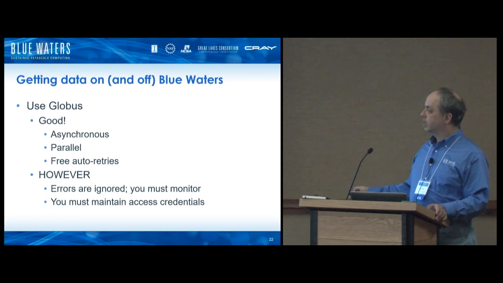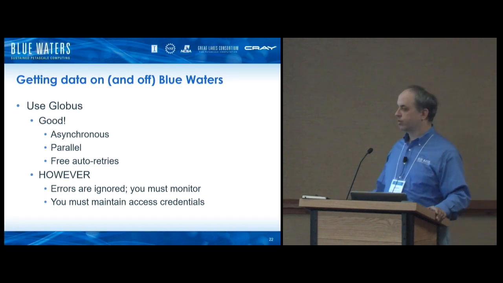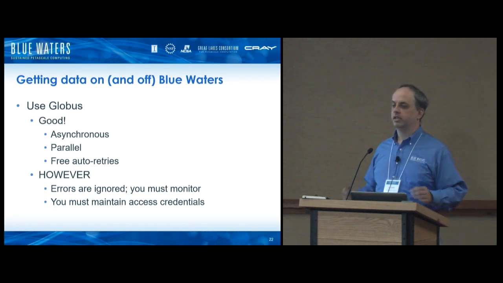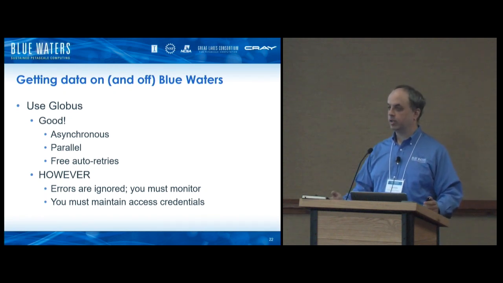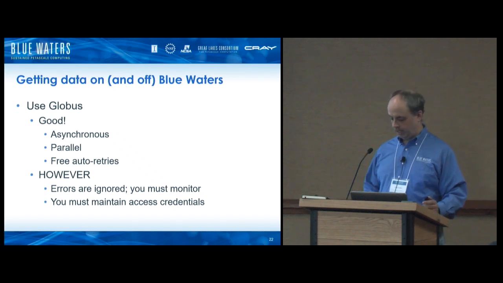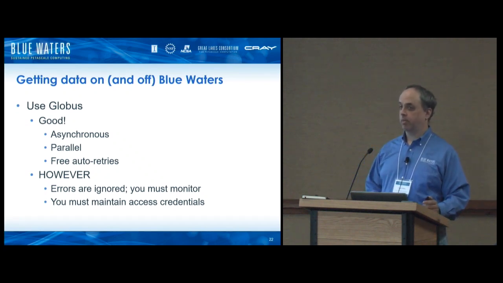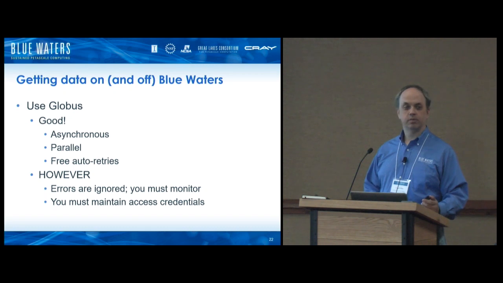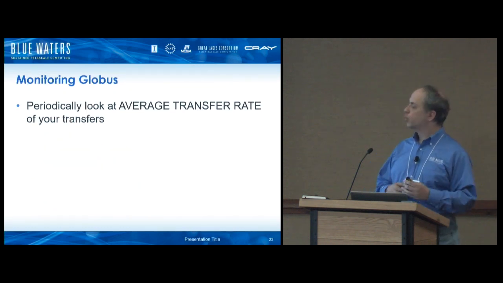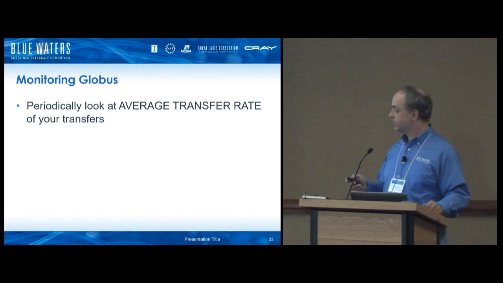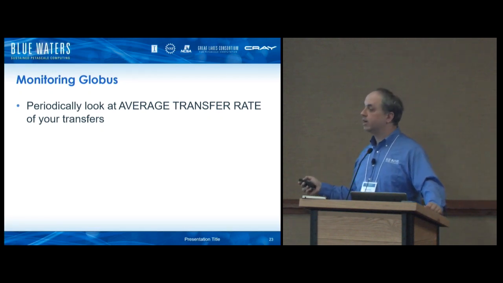The other thing is that access credentials time out, because the access is driven by the endpoints, and that's only for a fixed window of time. So it'll email you and say, hey, your access credentials have expired, and you have to actually respond to that. If you've got a lot of transfers going, it's a really good idea to look at it every day or two.